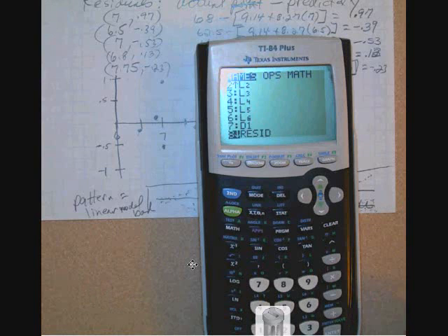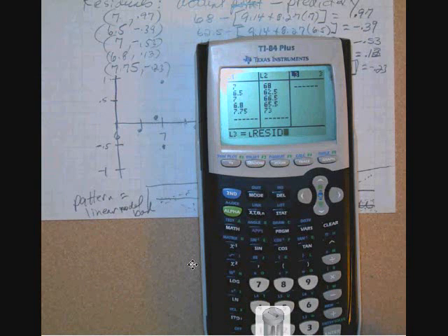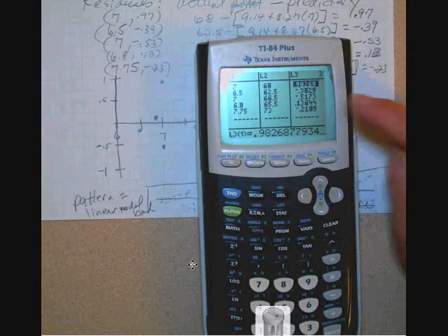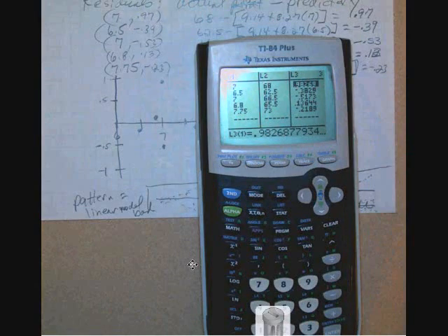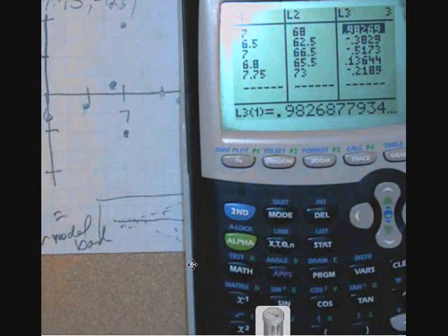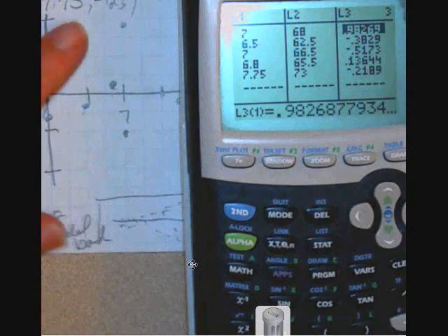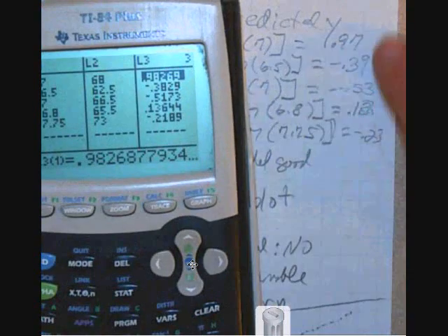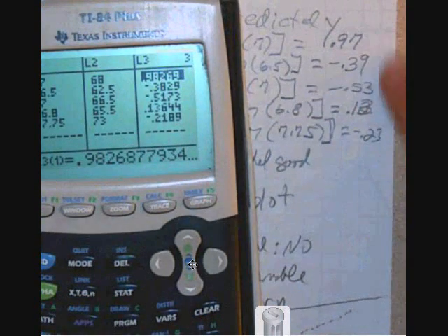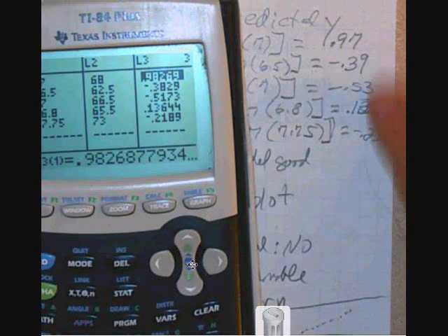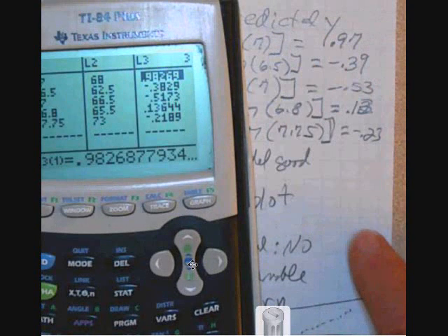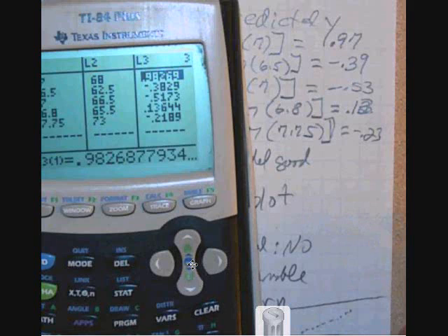Okay? Hit Enter. Hit Enter again, and these numbers, 0.98, negative 0.38, those were the numbers you gave me a few minutes ago when you calculated those residual numbers. They're close because we did do some rounding. So that's your residual list.